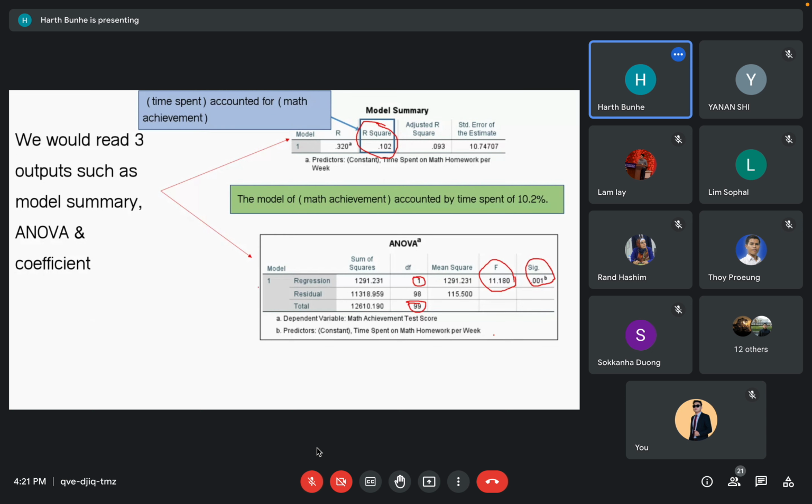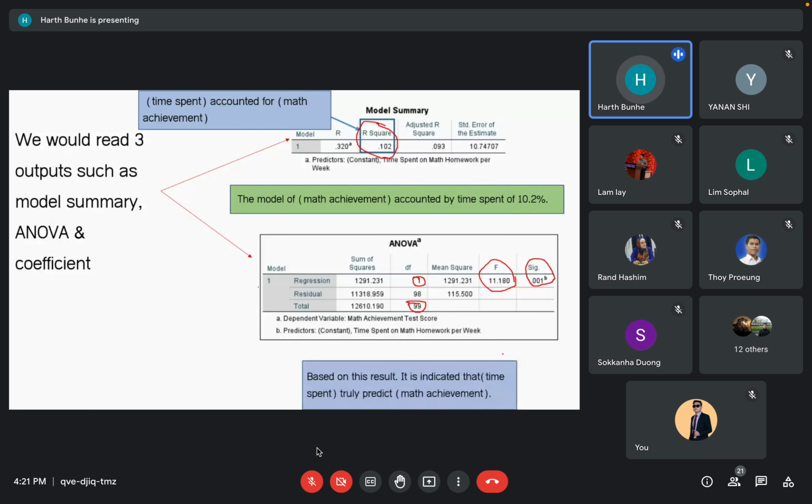Is that time spent on homework significantly predicting math achievement? The meaning of this table is interpreted like this: time spent on homework significantly predicts math achievement.